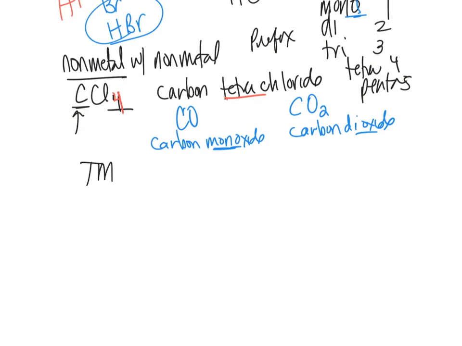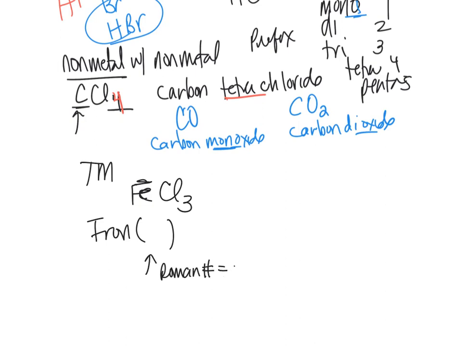So if your first element is like iron, well, okay, so let's do this one. Okay, so if you have to convert that to a name, you would see that Fe is iron, and you see that it's a transition metal, so you know you need to have a Roman numeral.